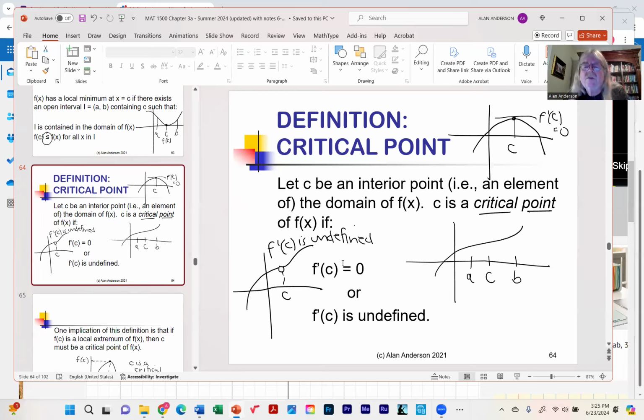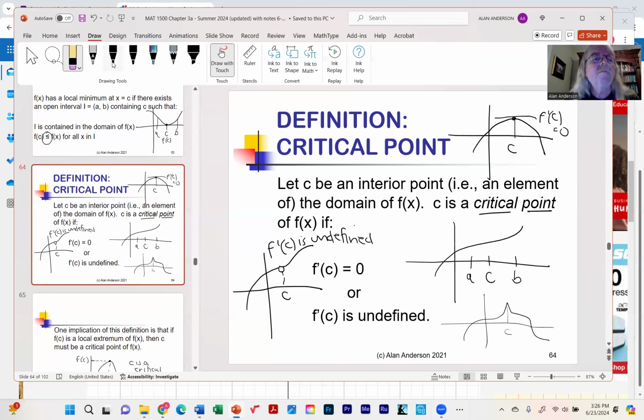Now, that can happen for at least a couple of different reasons. There might be a discontinuity there, but also if there's a sharp break in the function, like something like this, then here, I shouldn't draw that line there because that looks like our tangent line.